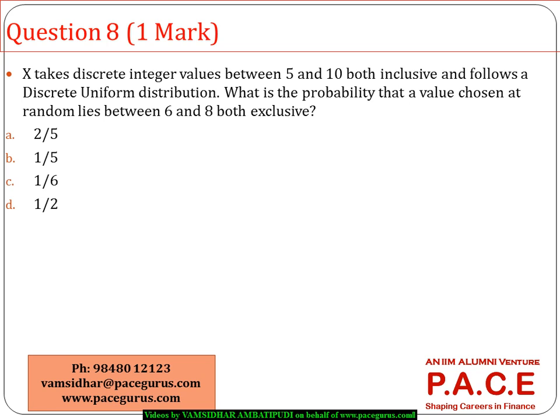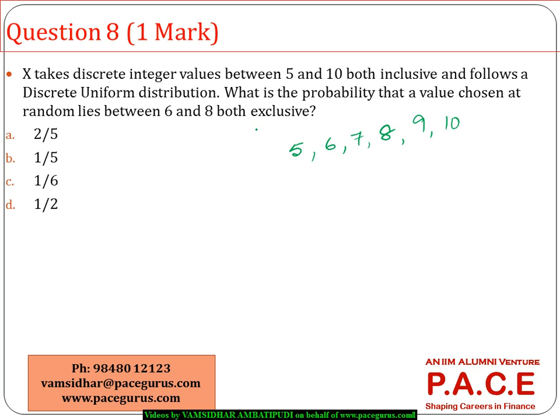Again, something to do with the probability and the distribution. X takes discrete integer values between 5 and 10, both inclusive, which means X can take 5, 6, 7, read it very carefully, 8, 9, 10.